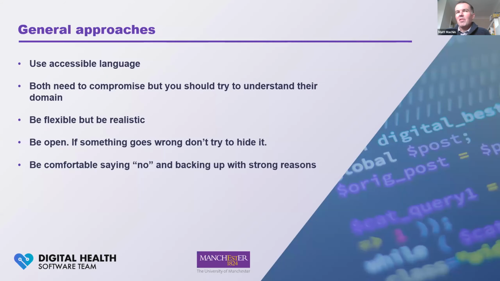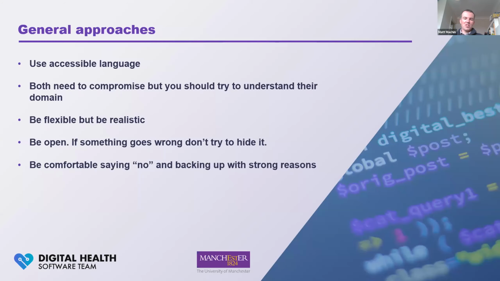The next point I've kind of touched on already, which is about being open. Inevitably, at some point during the development of any complex piece of software, something is going to go wrong, which might have time or budget implications, or may even risk jeopardizing the project.